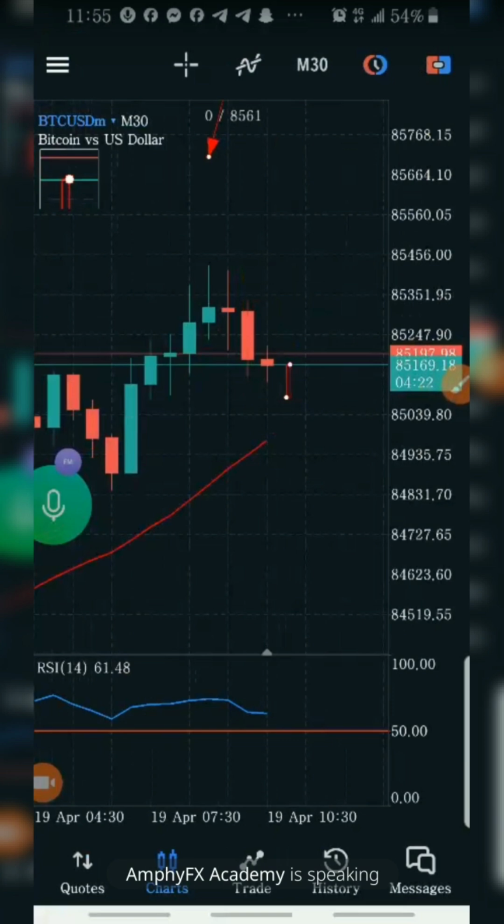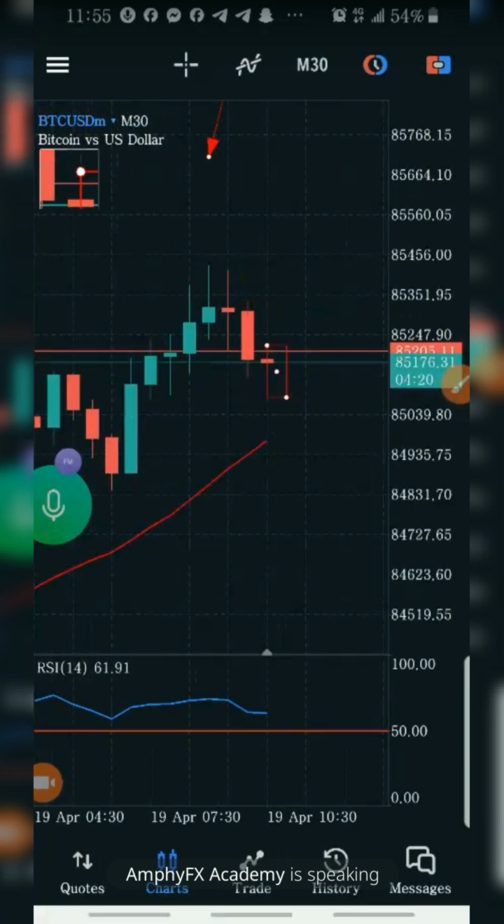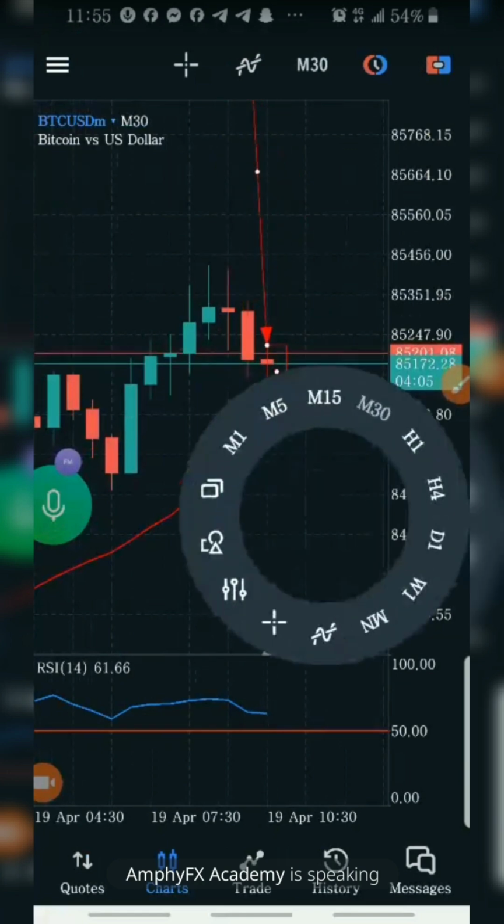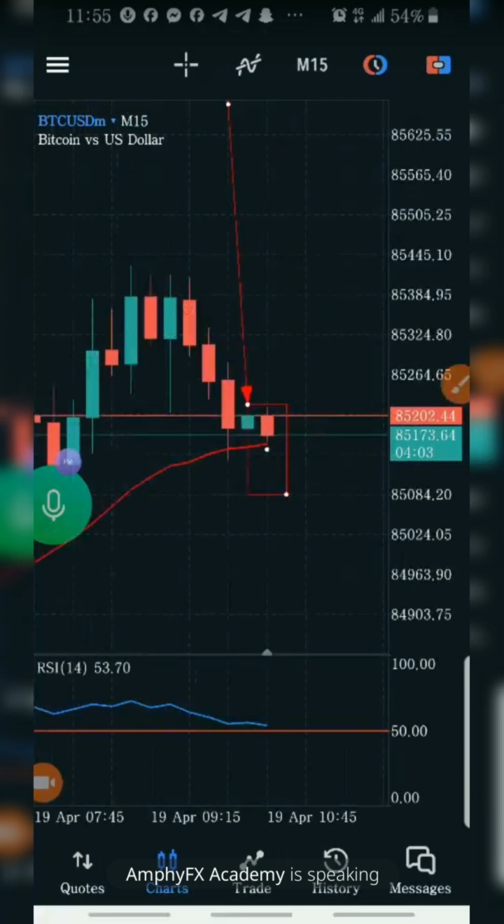Yes. So inside this one candlestick, if I switch to 15 minutes, it will turn to 2 candlesticks. Can you see there are now 2 candlesticks inside this same 30-minute candlestick? I get it.